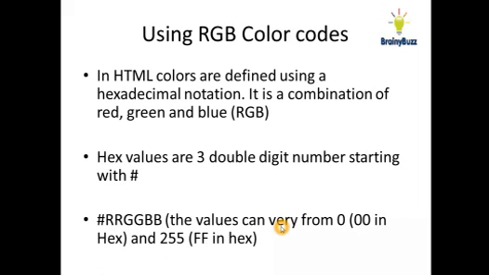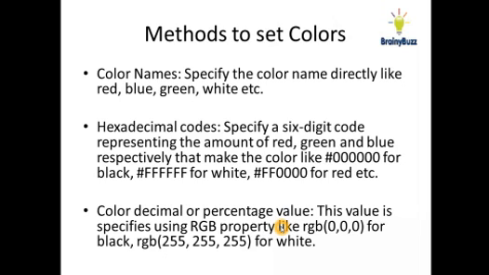There are methods to set your colors. You can specify the name of the color, like red, blue and green. You can write the hexadecimal values like we have written. Another method is to write the RGB values that range from 0 to 255.